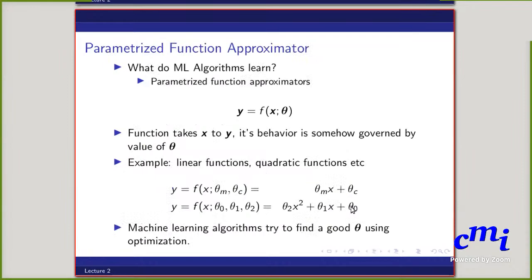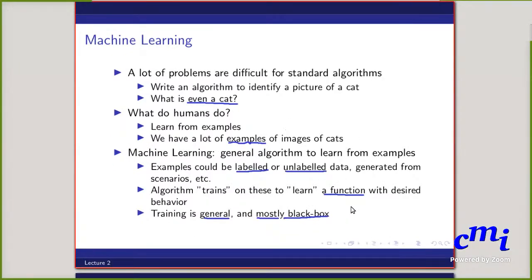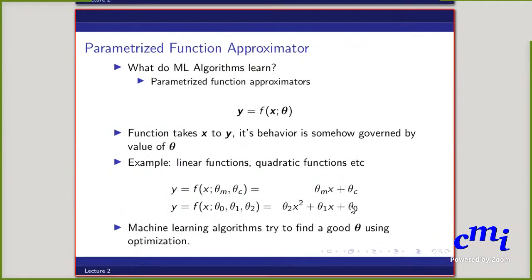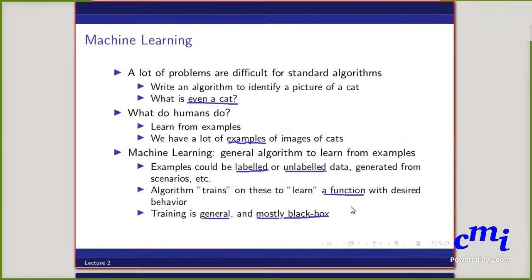Given that this is the general framework of machine learning, this will motivate us to understand what a neural network is in a more general sense, right? So very generally, this framework of machine learning would require us to learn some sort of a function, right?